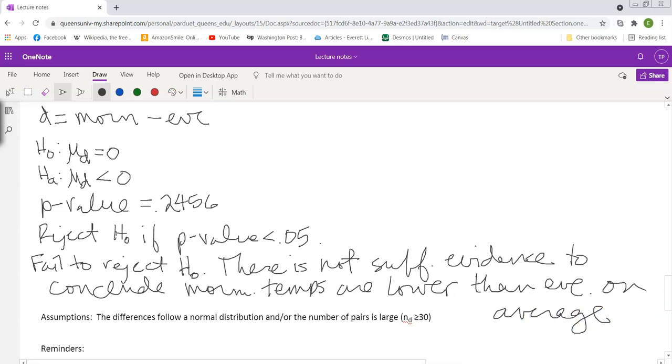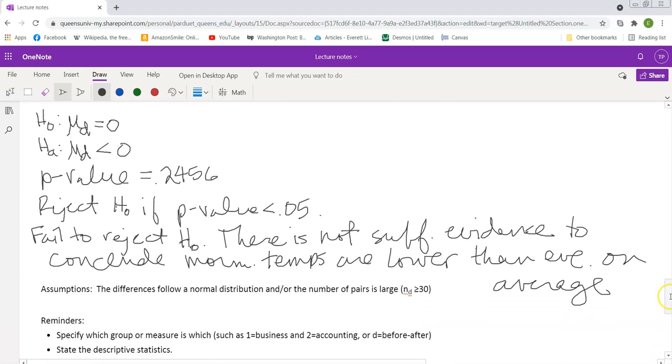All right. I should mention that this test has an assumption as well, and that assumption is that the differences follow a normal distribution. But if it doesn't, that's okay as long as you have a large sample size. So if you have a lot of pairs in your data, it's okay.